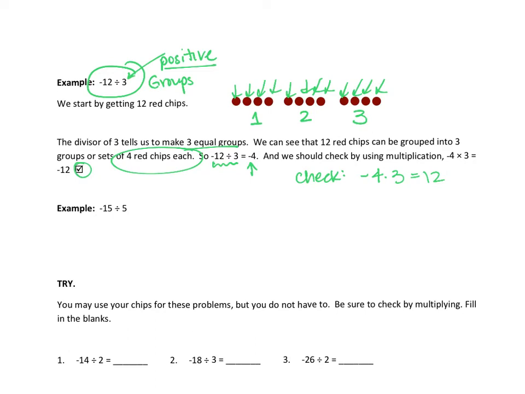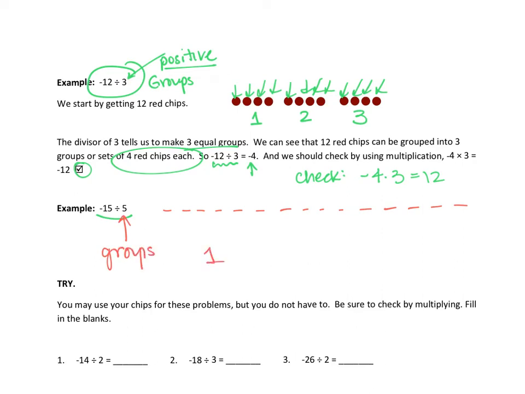If we have negative 15 divided by 5, we'll have 15 negatives hanging out. 1, 2, 3, 4, 5, 6, 7, 8, 9, 10, 11, 12, 13, 14, 15. It's taking those 15 negatives and it wants to take them into 5 groups.